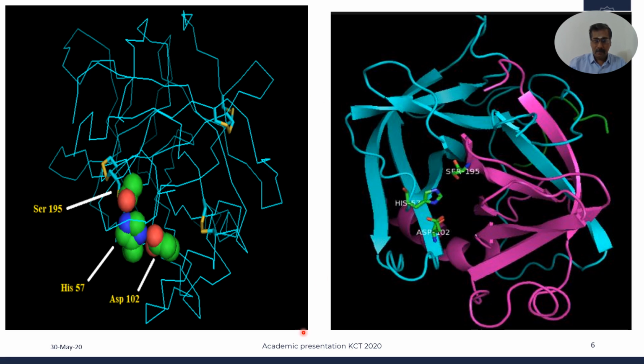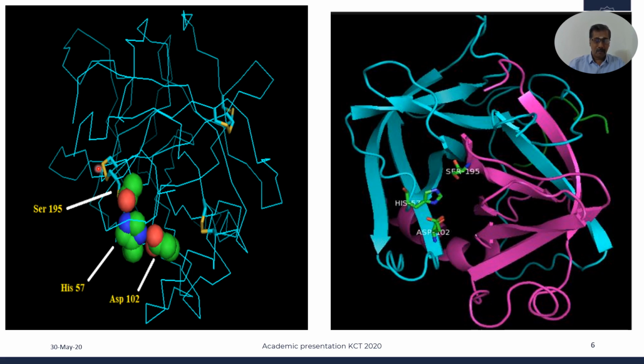The protein is not linear, straight like this. It is folded into some conformation, and this folding makes distant amino acids come very close. In that way, the 195th, 57th and 102nd position amino acids were brought very close.